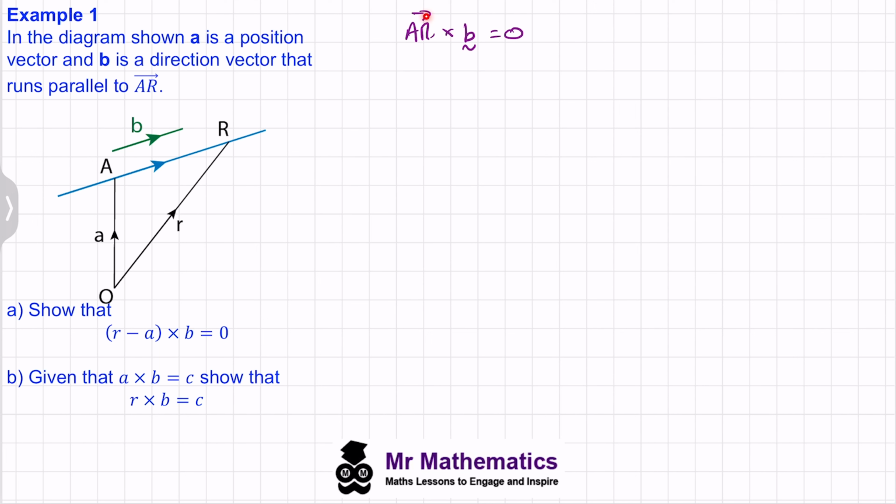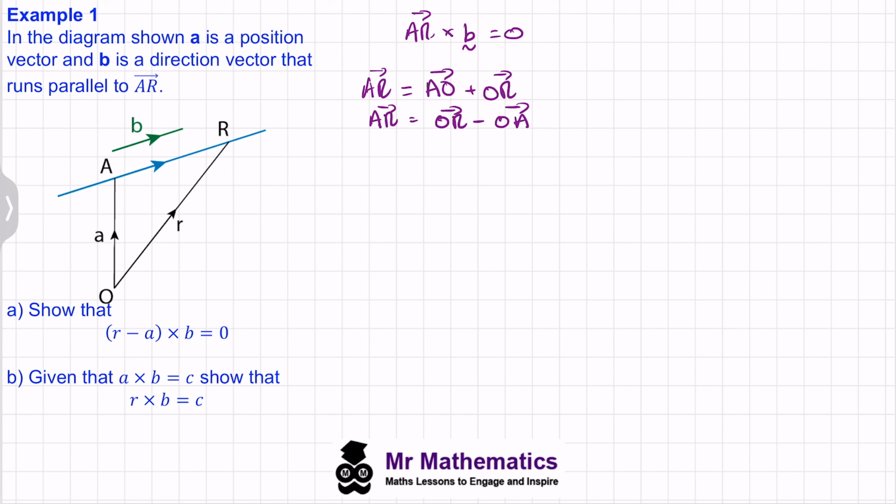And we can work out AR as A to O plus O to R. So this will be equal to the vector A to O plus the vector O to R. Now we can make this a bit simpler because A to O is the same as negative O to A. So we can write A to R as being equal to O to R minus O to A.